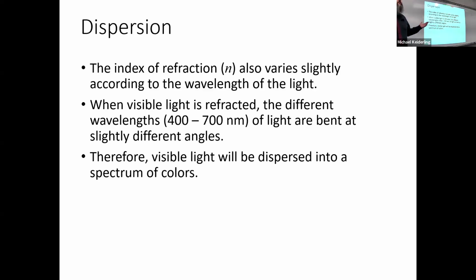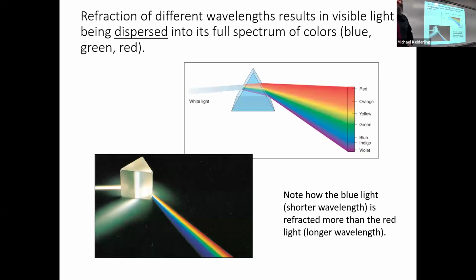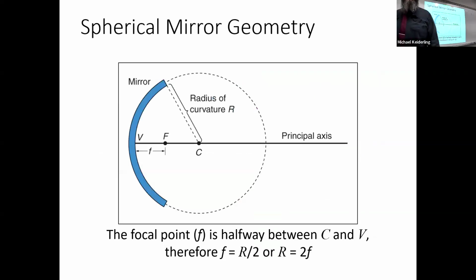Dispersion is how you create rainbows with a prism. Refraction of different wavelengths results in visible light being dispersed into its full spectrum of colors: blue, green, red. Notice how the shorter wavelength gets refracted more than the longer wavelength. That's what happens with glass prisms.